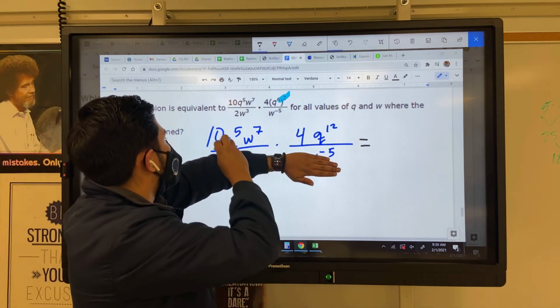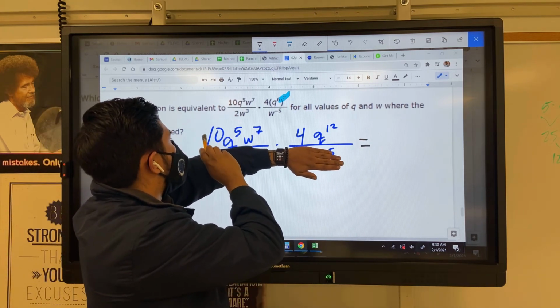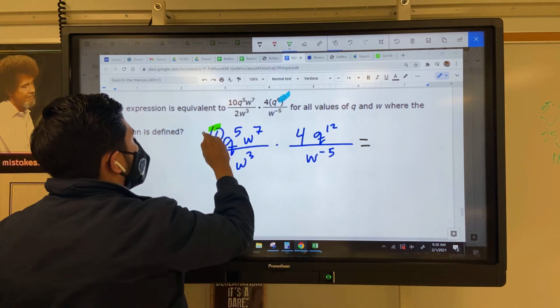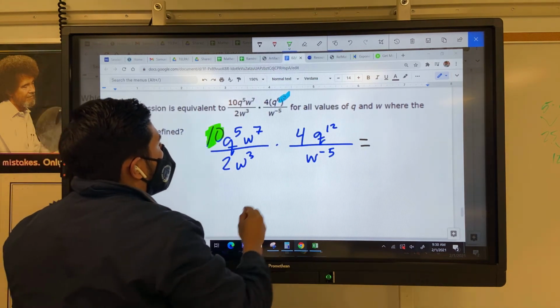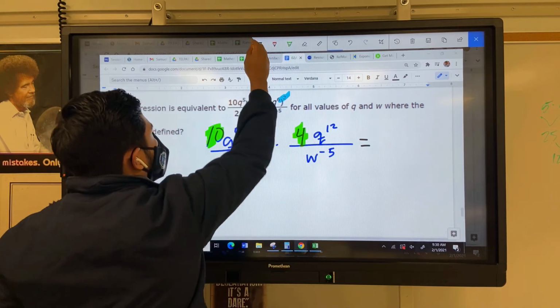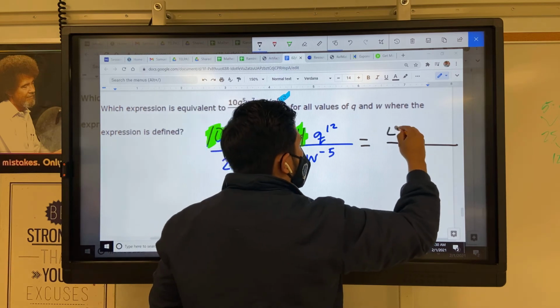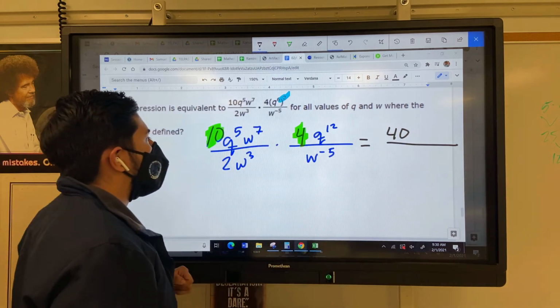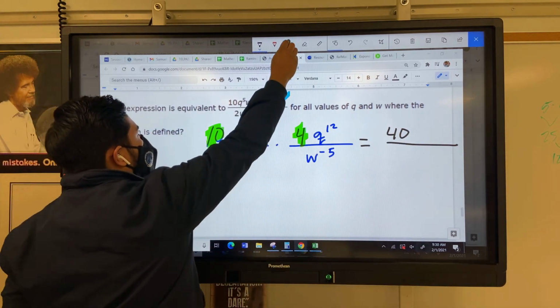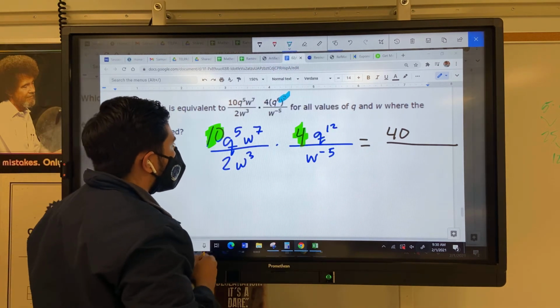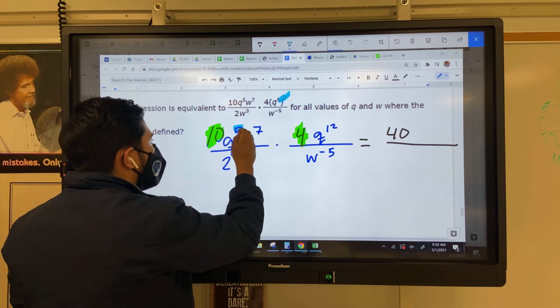Covering the bottom. Remember, I got coefficients first. 10 times 4. 10 times 4 is 40. And then I worry about the exponents. Exponents right here. It's Q's.